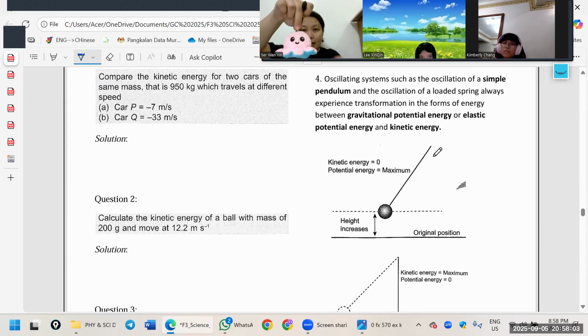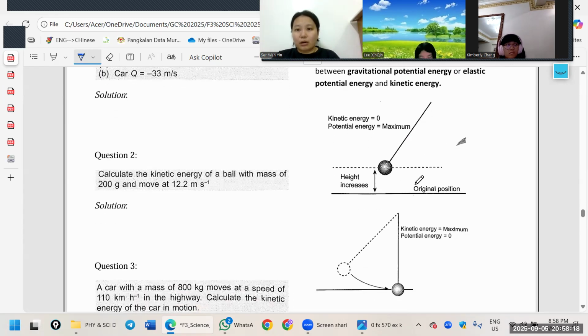This is the original position, and when it swings up, it gets some height. So when it swings up, we say potential energy is maximum, let's say 100 joules. Then kinetic energy will be 0 joules.